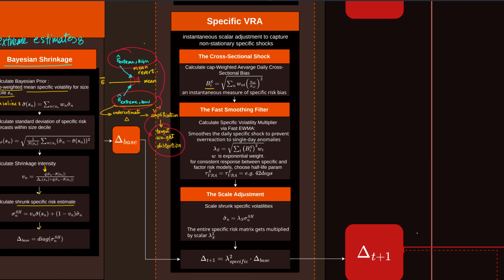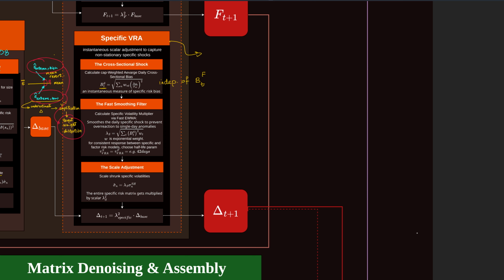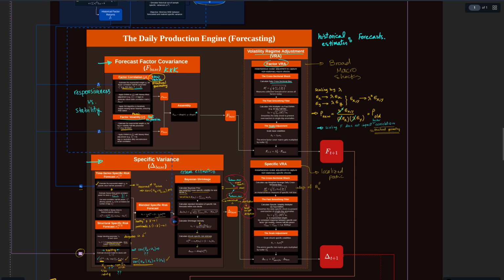Note that we are keeping the VRA parameter for specific risk independent from the one we use for factor covariance, because this allows the system to distinguish between broad macro shocks like the 2008 global financial crisis and localized idiosyncratic panics like the dot-com bubble collapse of the early 2000s. Now, at this stage, the specific risk side of the model is in good shape.